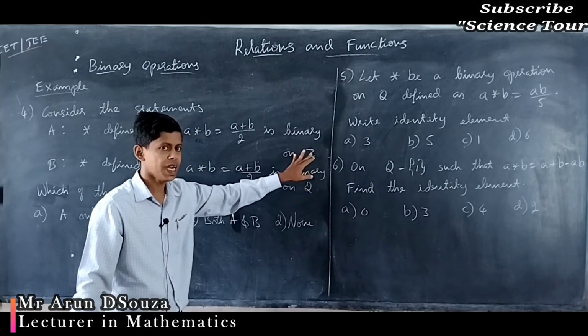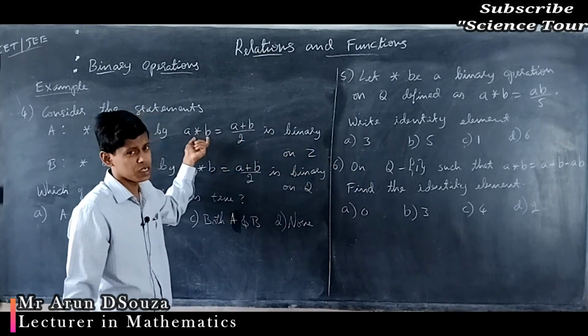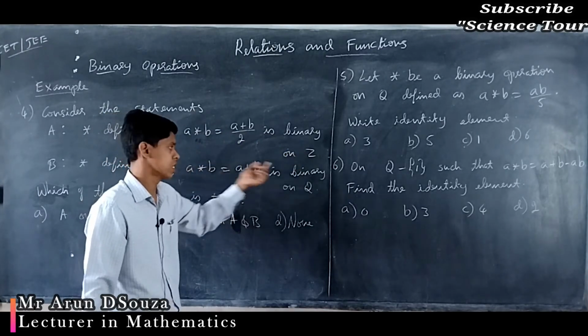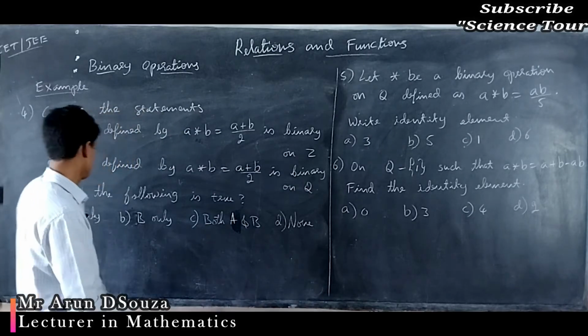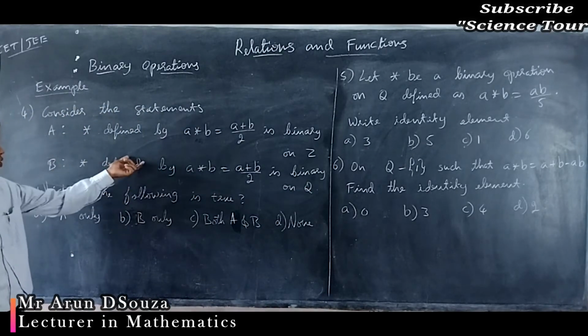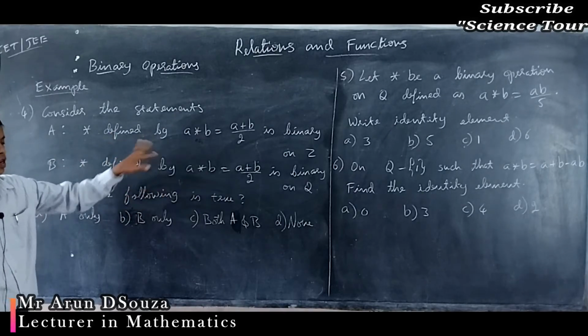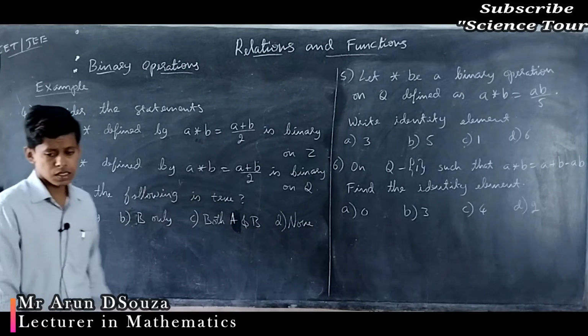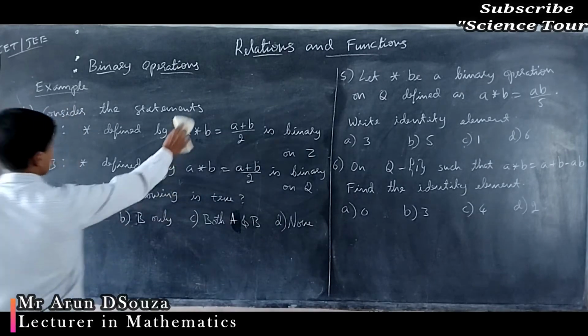First statement is that the operation star is binary on Z. Second statement, operation star is binary on Q. Which of the following is true? A only, B only, both A and B, none of them. All right, so that's the thing we have to analyze here. So let's begin.